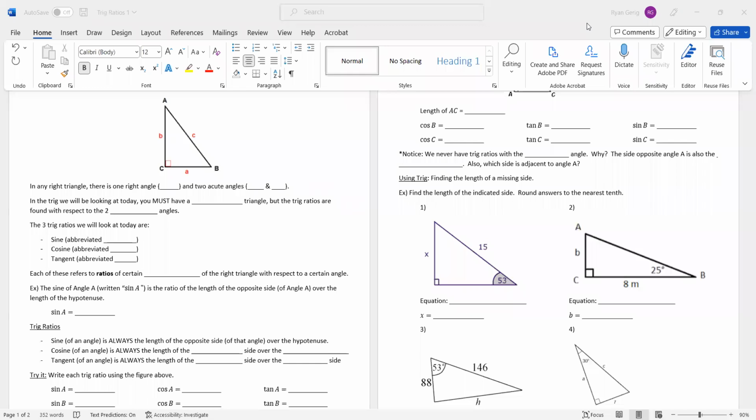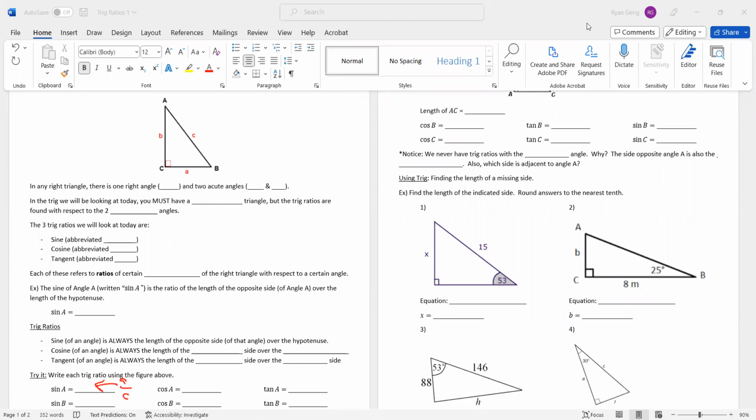So the big A is telling me I'm looking at that angle. When I'm looking at A, what is the opposite of A? Little a. And what is the hypotenuse? C. So A over C is what goes here.